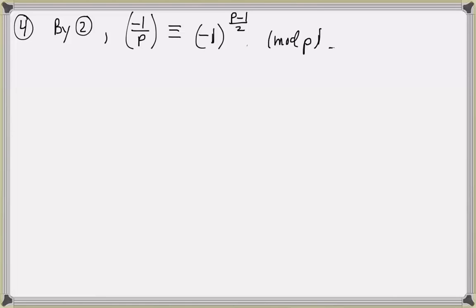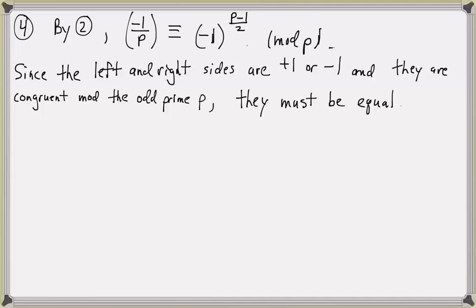So again, since (negative 1/p) has to equal plus or minus 1, and negative 1 to the (p minus 1)/2 is equal to plus or minus 1, as with the last property, since they're both congruent mod an odd prime p, they must be equal.